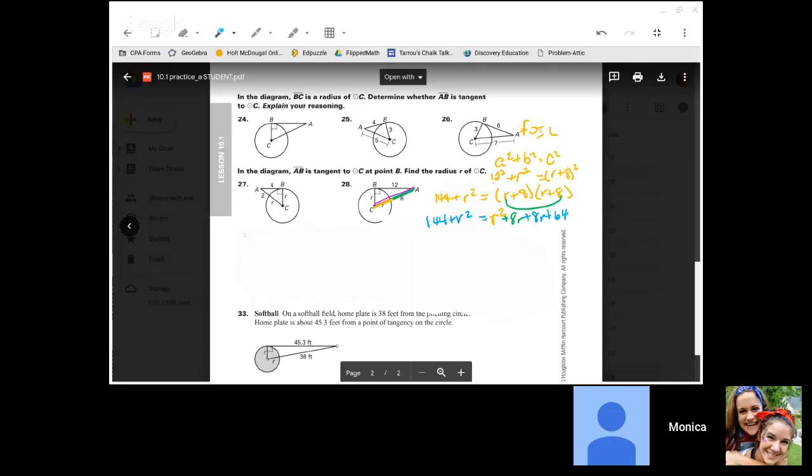Yeah. So you're going to take those numbers that they give you on those two problems and plug into that and see if the two sides do equal. If they do, then that means those are right triangles. If they don't equal, then that means it's not a right triangle, so it's not tangent. Does that make sense? Okay, good.